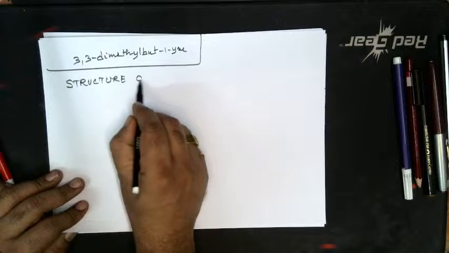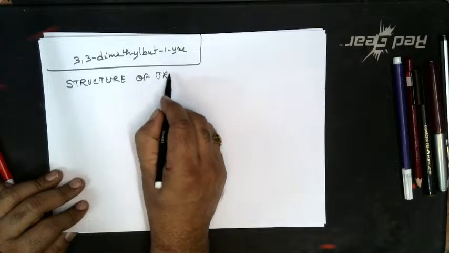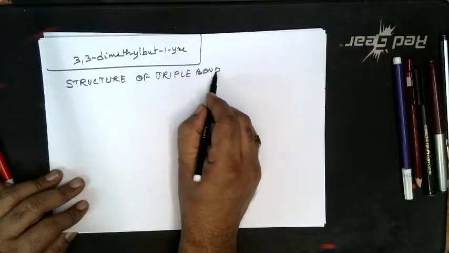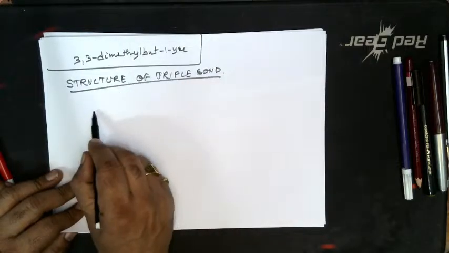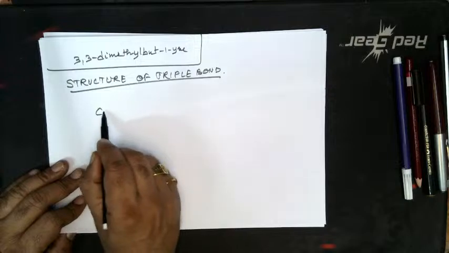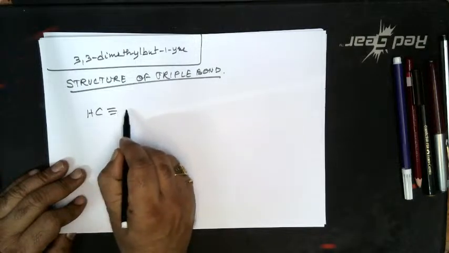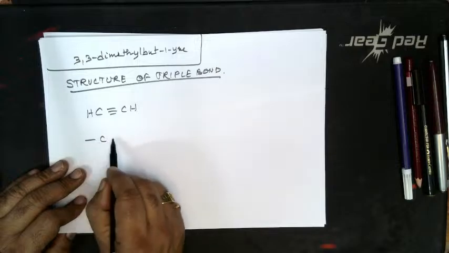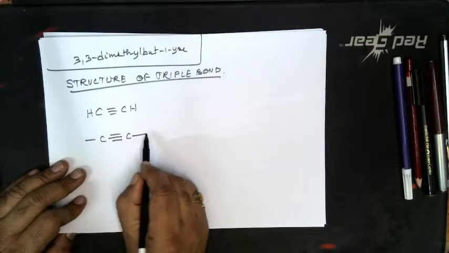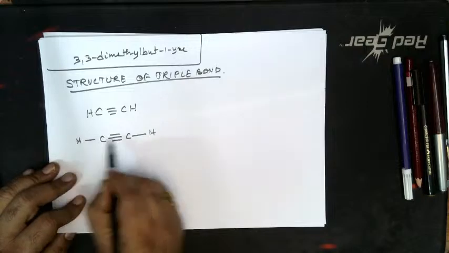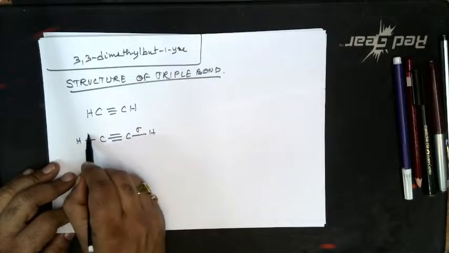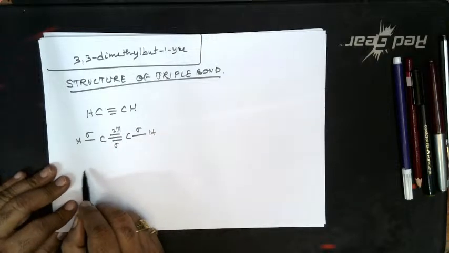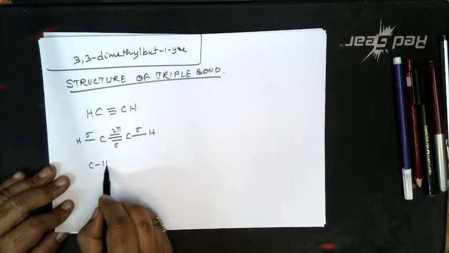Structure of triple bond. Let me take the simple compound, ethyne, the first member, CH triple bond CH. That is C single bond, and this is triple bond, C single bond H. Now you have one sigma bond and two pi bonds.